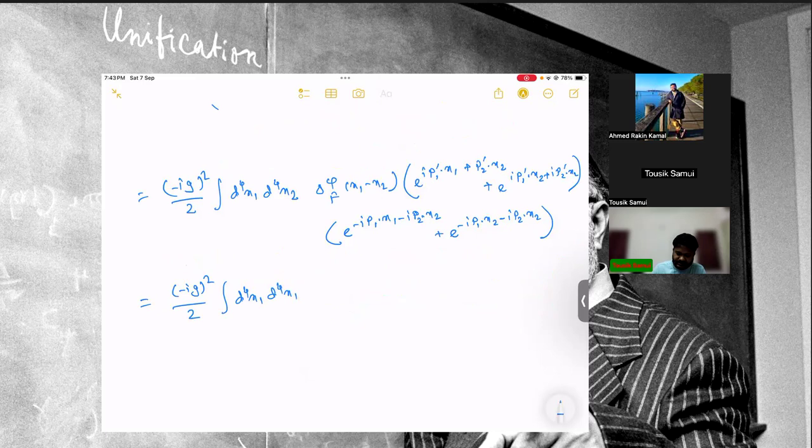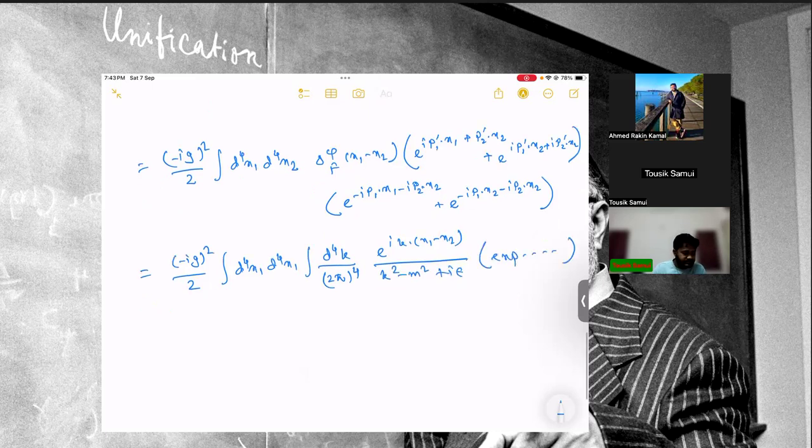Let me expand the Feynman propagator in terms of a different variable, e^{i k·(x1 minus x2)}. So basically remember, and then i epsilon, and then we have all the exponentials.